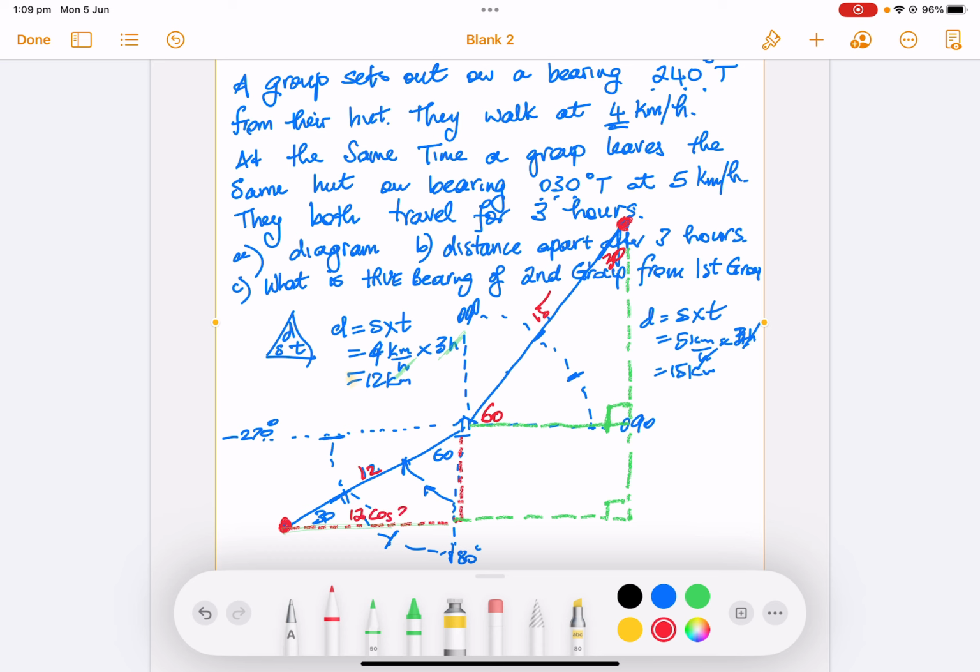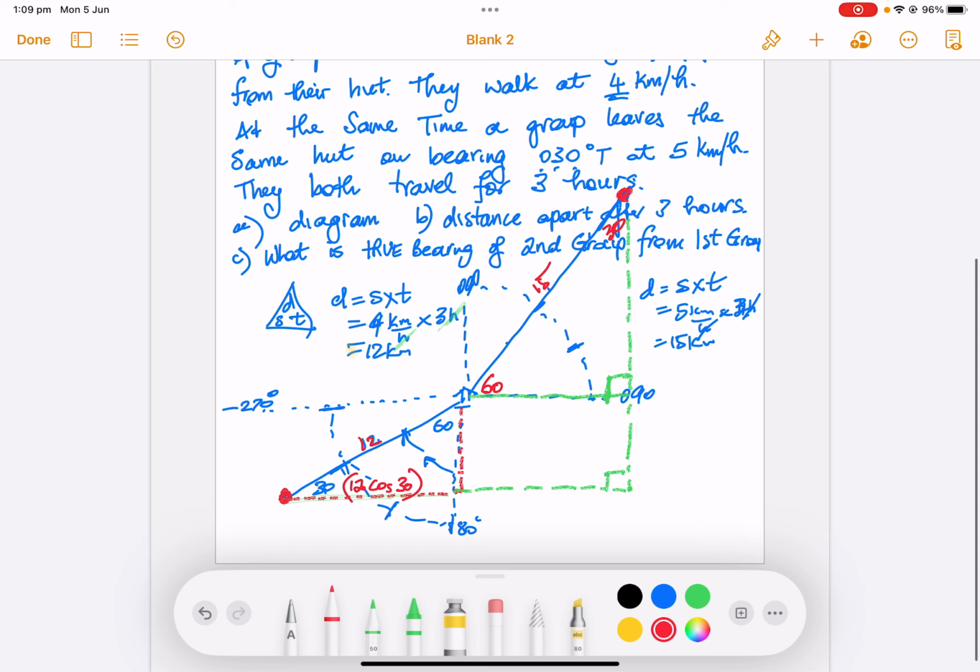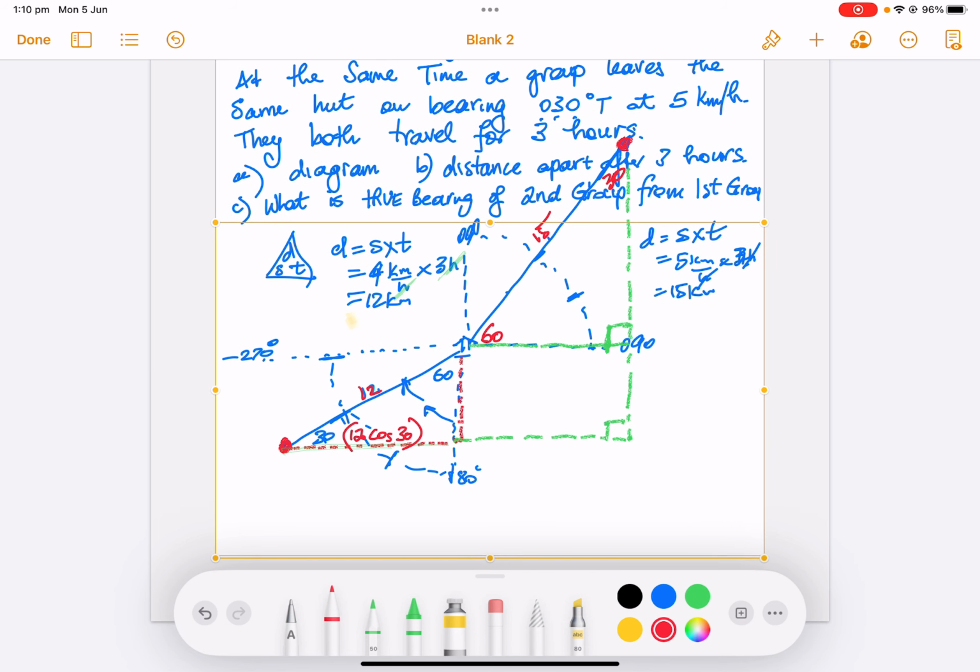cos 30. Because you've got, can I make that triangle a bit bigger? How do we get rid of that? All right. So we've got this little 12, an X, a Y, 30. So cos 30 equals adjacent over hypotenuse.